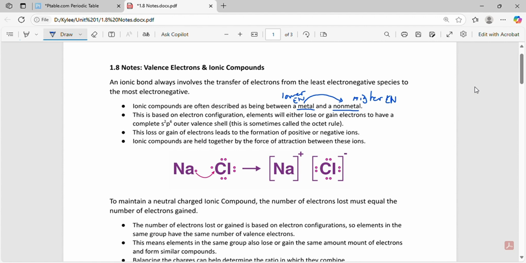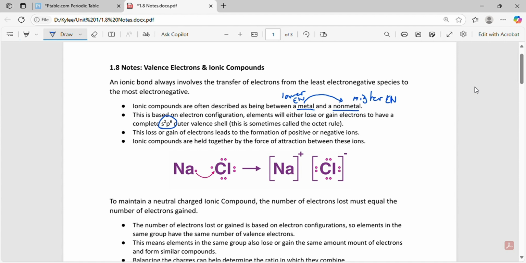Whether or not an atom will gain or lose electrons has to do with its electron configuration. So the idea here is that a loss or gain will happen so that an atom will get a complete valence electron shell. For most atoms, this means that it's going to be s2p6.